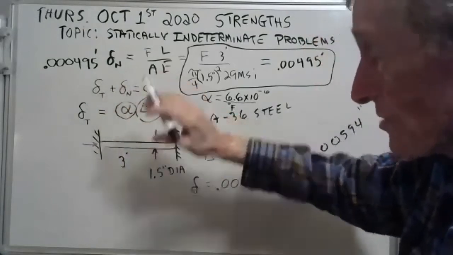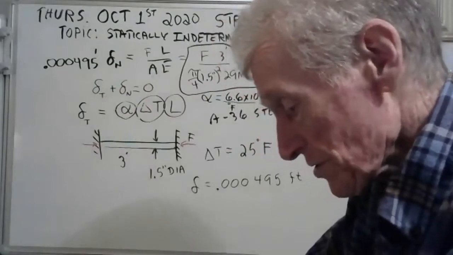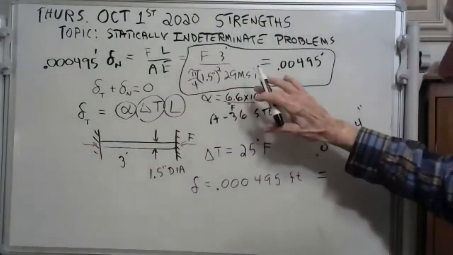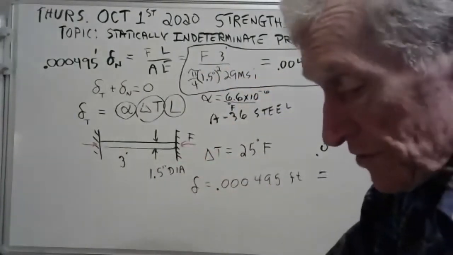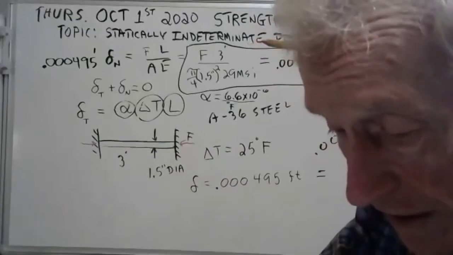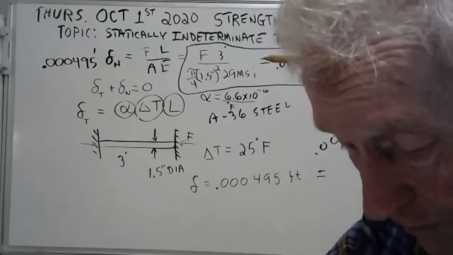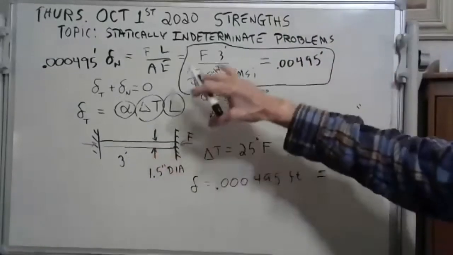I just scooted it to the other side of the equation, and I'm just looking at the absolute value. So here we have an equation, and I want you to find what this external force is on our rod there because it heated up. It's pushing on the walls, and the walls are pushing back.